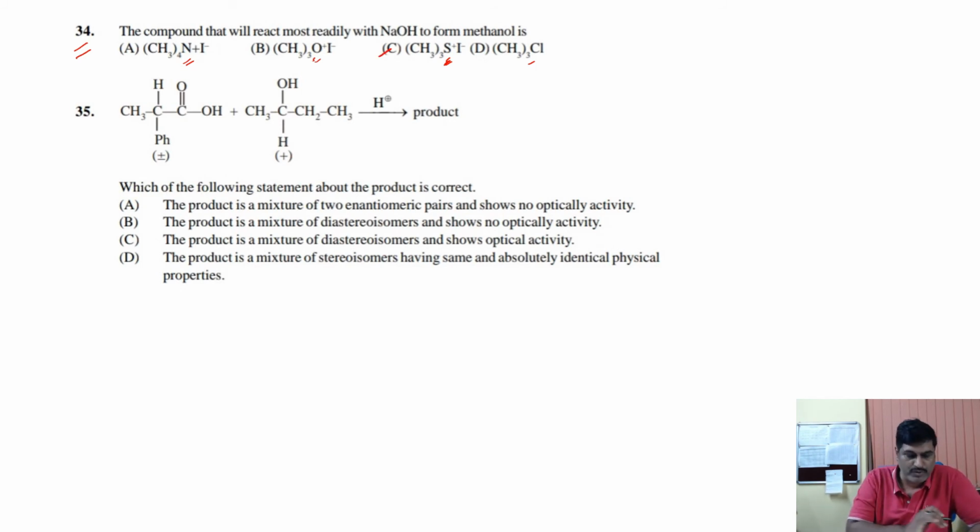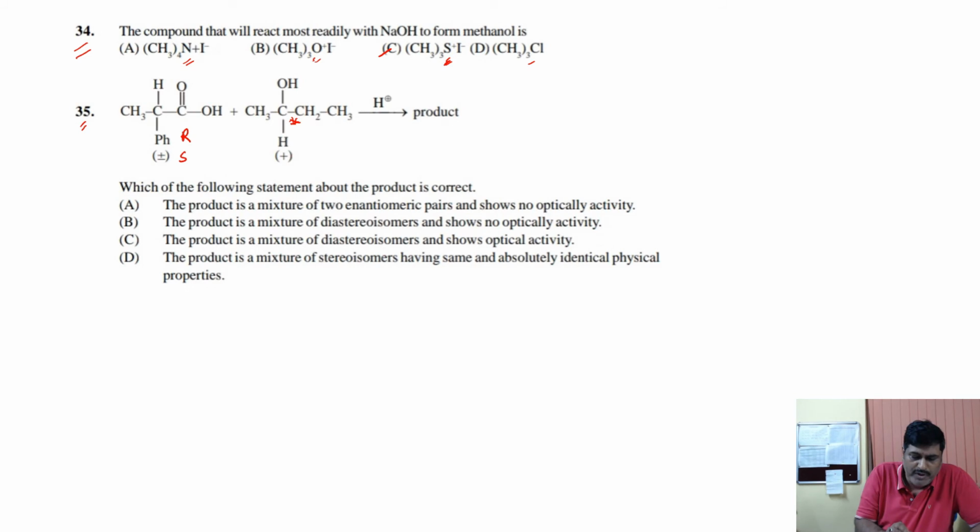Okay, move to the next question, question number 35, right? You see this one, in this case we have the racemic acid, that is a mixture of optically active molecules. There plus and minus means dextro and levo. For better understanding, I will say that you take even the mixture of R and S, fine, and the other one is alcohol, and that is also optically active, and that is an optically pure substance, right?